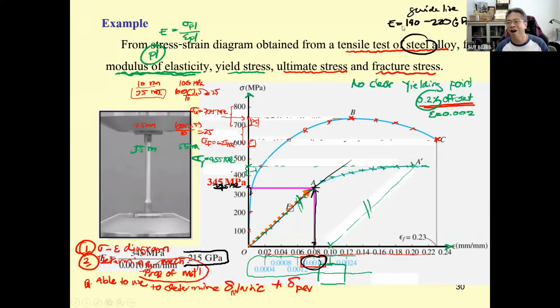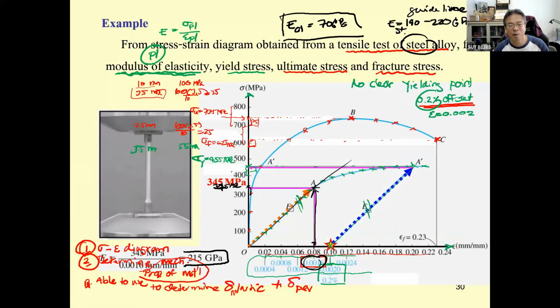If you get an E of 70 gigapascals, that is not the E of the steel; that is going to be aluminum. If you get 65 to 75, that is the modulus of elasticity of aluminum. That's just a guideline for you to check your answer. Then for this one, mark the line over here and the proportion over here.